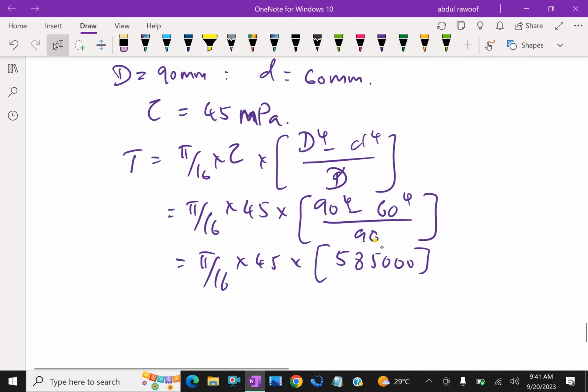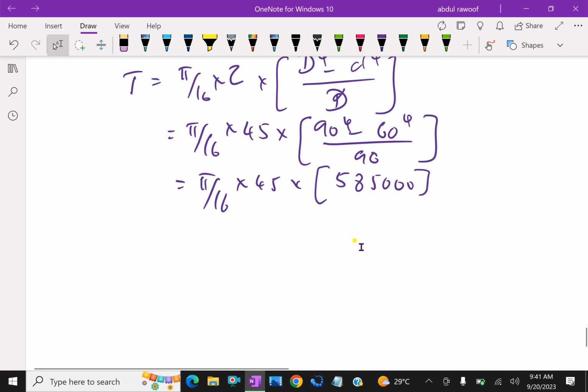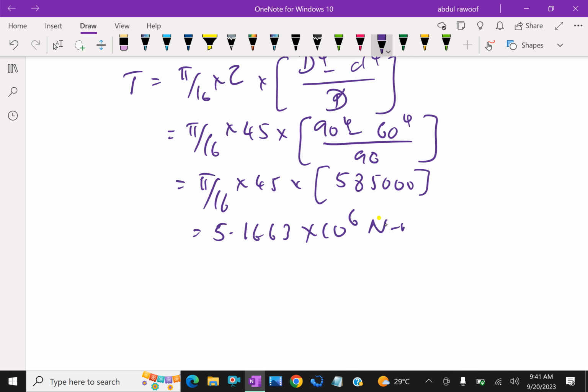After simplifying this, we get approximately 5.1663 into 10 power 6 Newton mm, because we are using megapascal and mm, so it gives Newton mm.